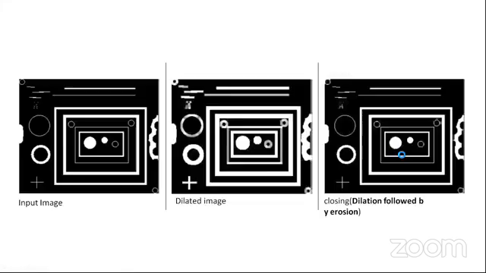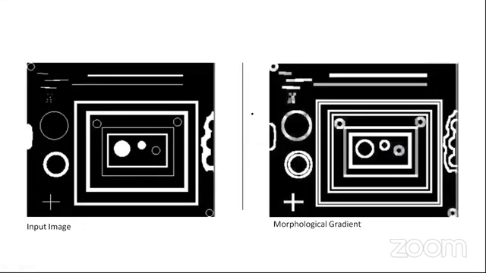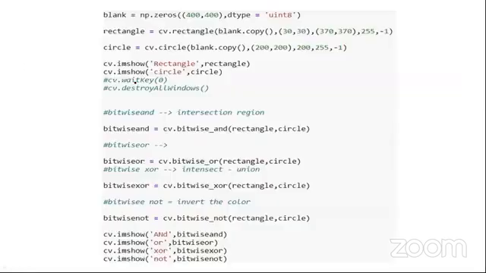Now we have another one, the morphological gradient. It's the difference between the dilation and the erosion. It basically gives you an outline of our object. Here you can see the way we implement it. This is also how we can draw a rectangle, and this is the way I draw a circle.